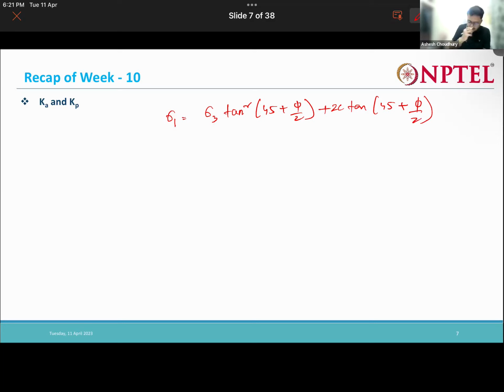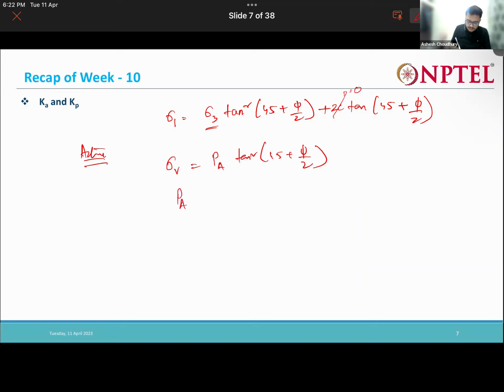So this was the equation. For the active case, what is my sigma 1? Sigma 1 is nothing but my vertical stress. And sigma 3 is my P active into tan square 45 plus phi by 2. C is 0 because our soil is cohesionless.